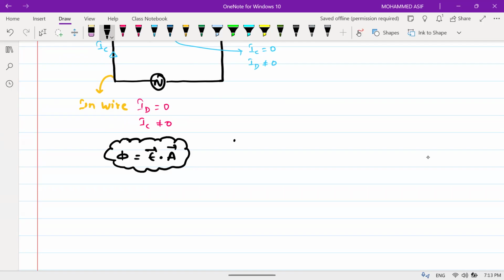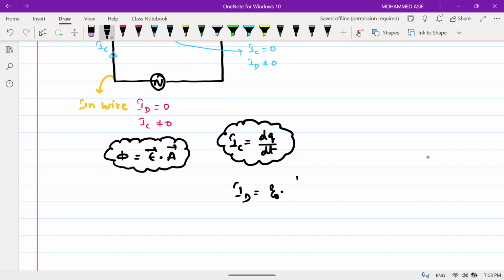Clear? Now, how do you define the conduction current, beta? Conduction current is nothing but simply dq divided by dt. Am I clear? Does anyone remember the displacement current, beta? What is the displacement current? Displacement current is equal to epsilon naught into d phi E, due to the electric field, divided by dt.